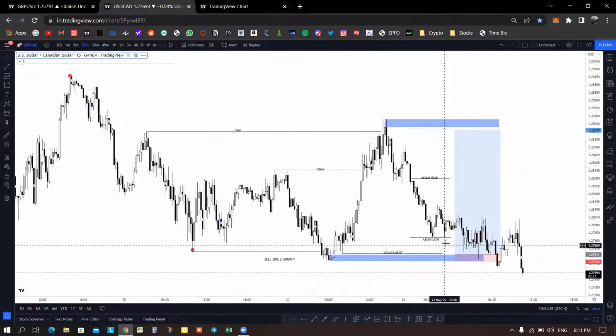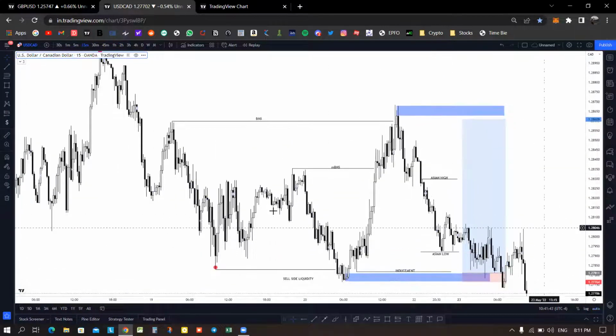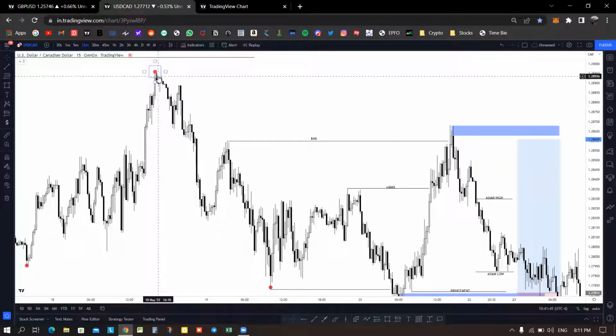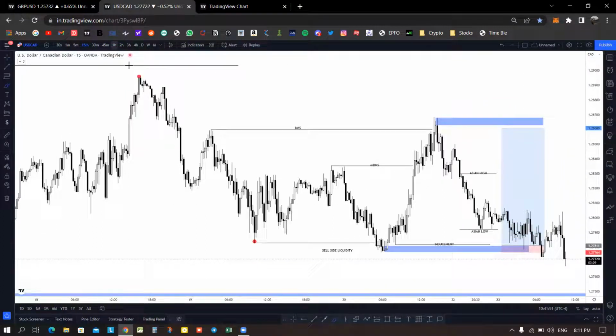And let me show you why I have chosen this zone as my point of interest. You see, price made a high, then low, then high, then low, then another high and another low. This low has taken out this high and this high as well.